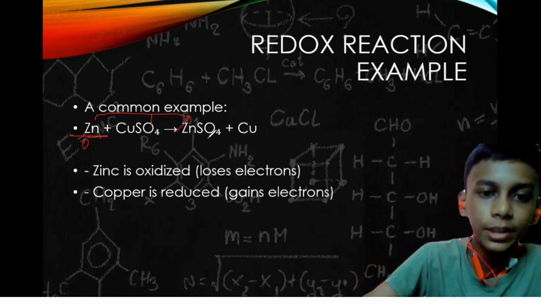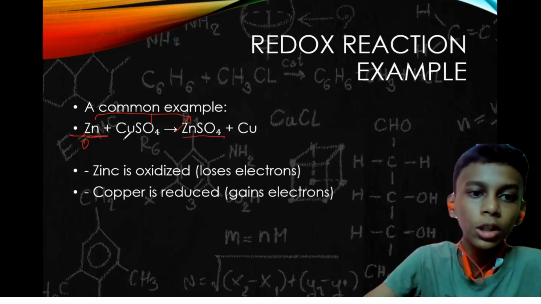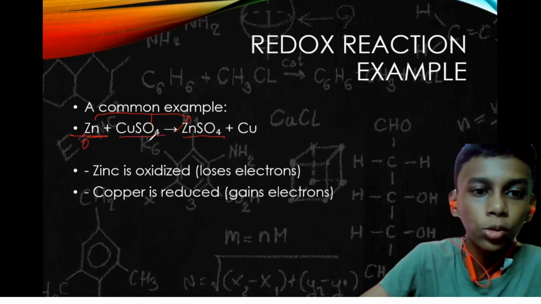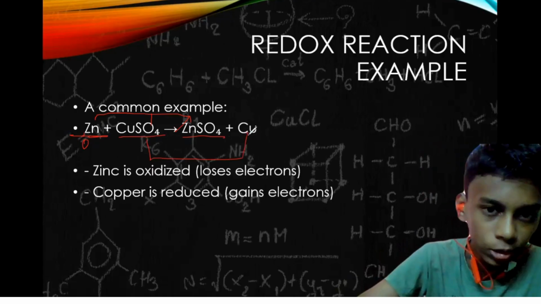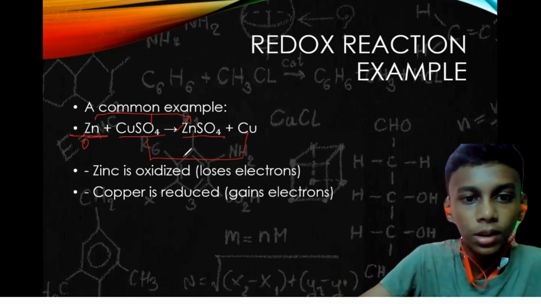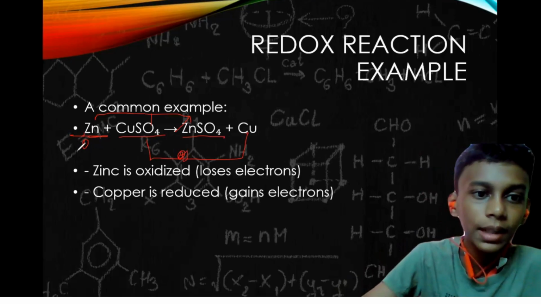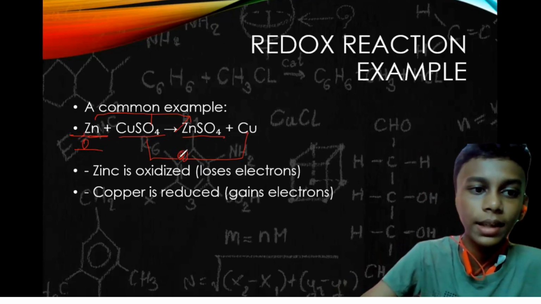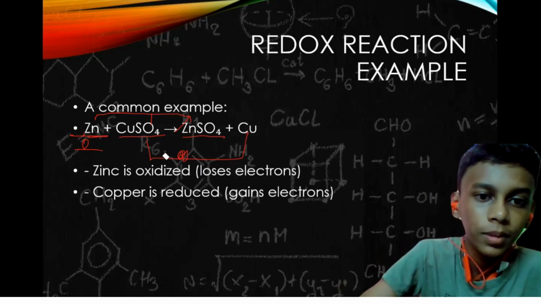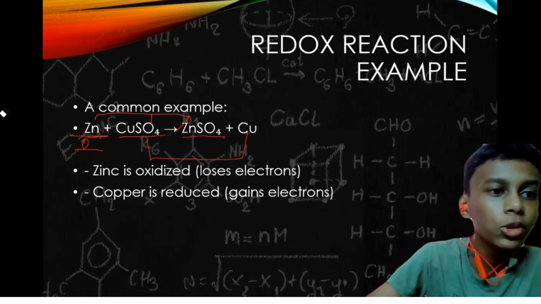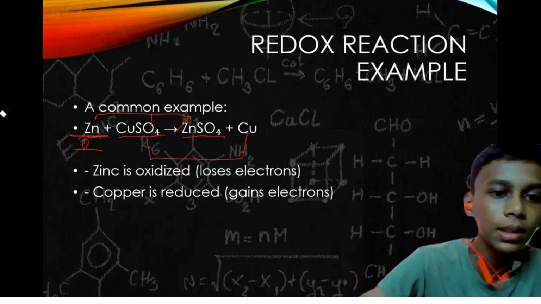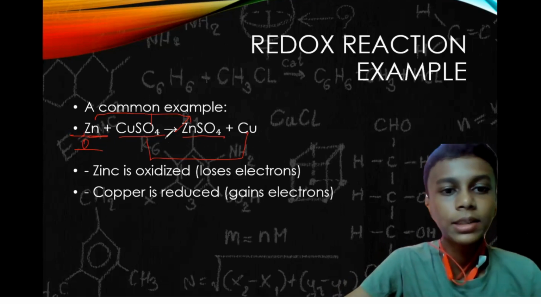And here zinc will become ZnSO4, and CuSO4 to Cu is the reduction reaction. So here this is the reaction and this is the agent. So the CuSO4 is the oxidizing agent.